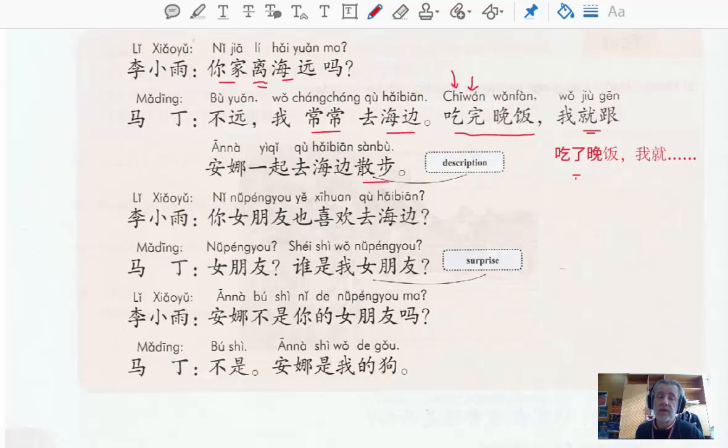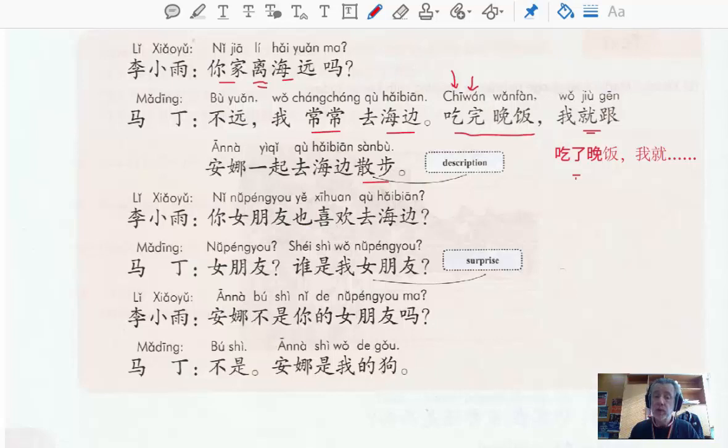散步 means to go for a stroll. 散 has a couple of different meanings, one of which is when something is kind of dispersed around the place.